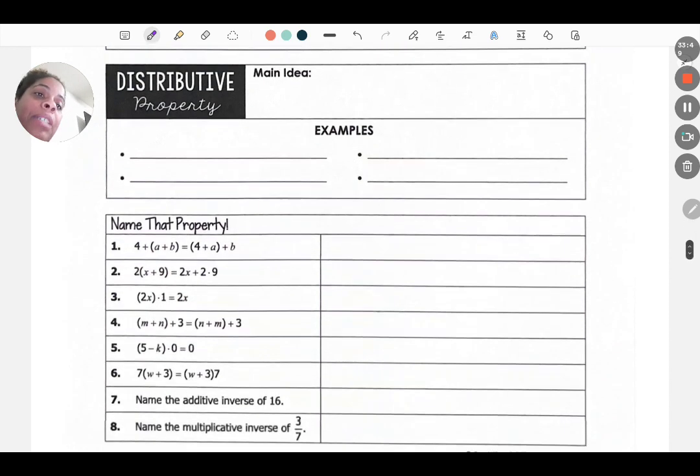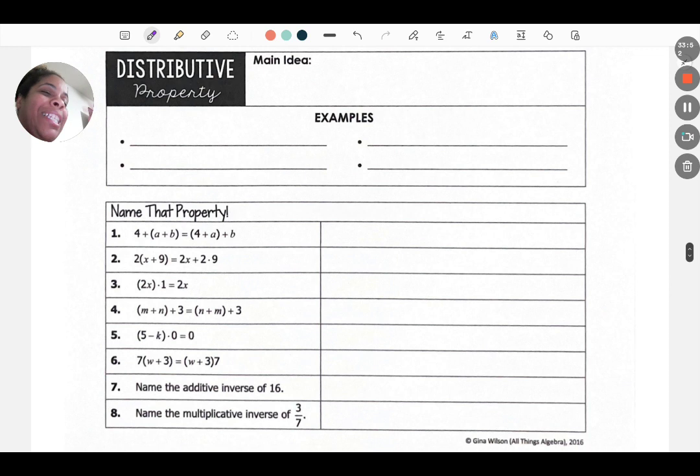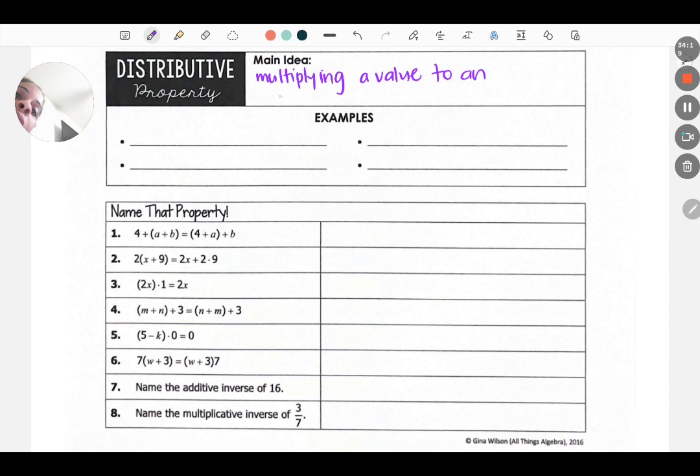All right. Next up, distributive property. We just went over this one. Your last lesson, I think on Thursday, covered distributive property. So you should know what the main idea here is: multiplying a value to an expression in parentheses.